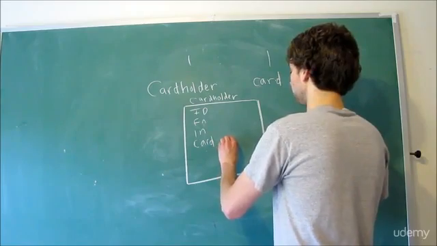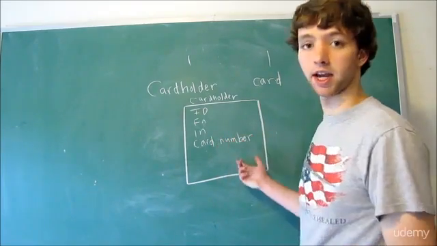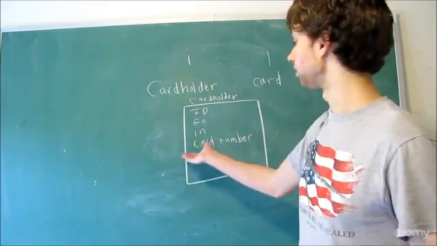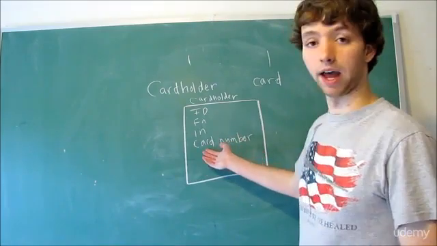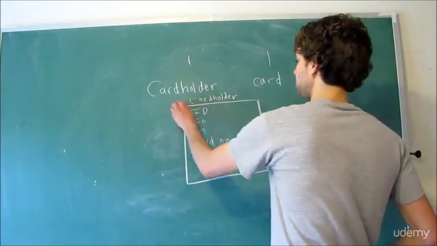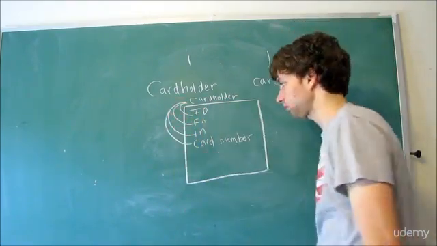So we could say card number. If they have a card, we can give it a value. If they don't have a card, we can leave it null. Well, that can be considered an attribute of the card holder because all these point back to the card holder.